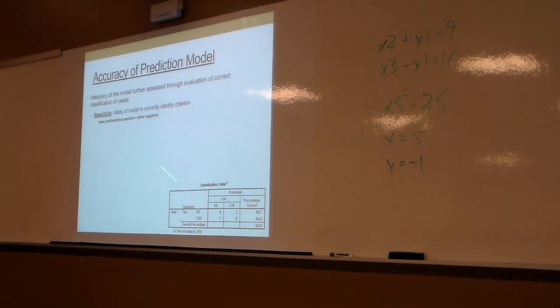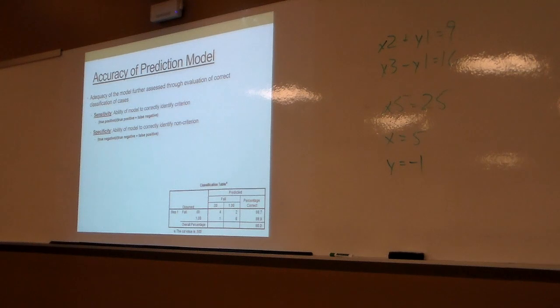So I'm taking my true positive over my true positive plus my false negative. My false negative is the person I said didn't fall, but they did fall. So here I take 8 over my true positive, 8, plus my false negative, 1. That's going to give me my sensitivity value, okay?